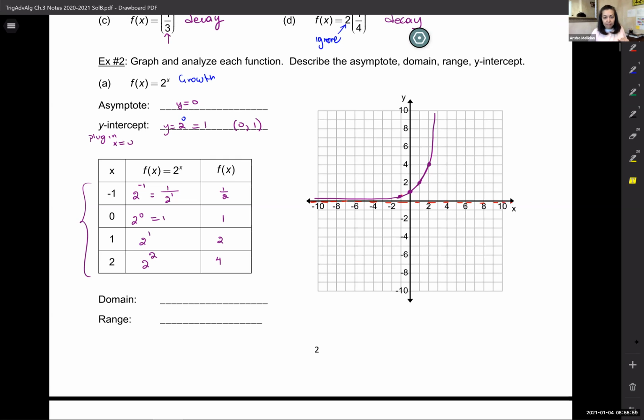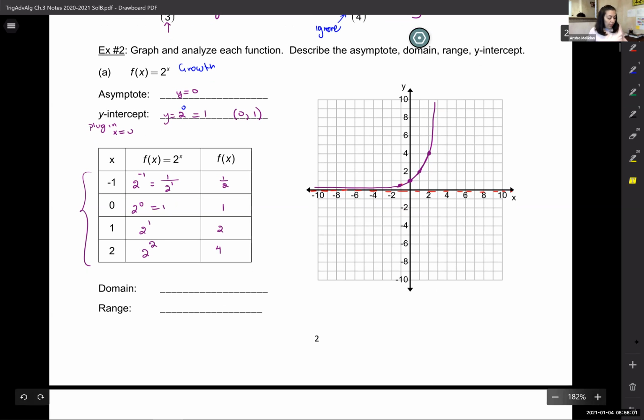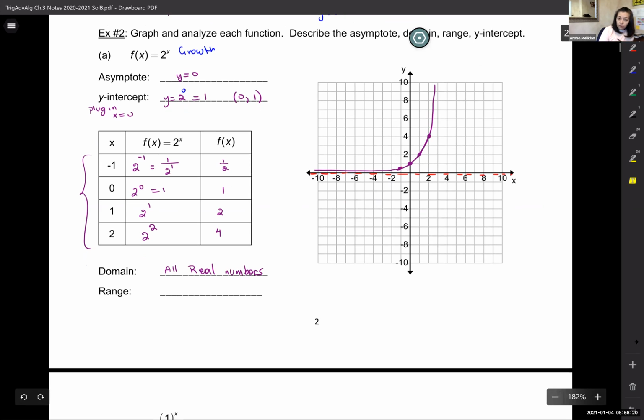Okay? All right. The domain, this is one where you get free points. There is no thinking involved here. The domain for all exponential functions is all real numbers. The range, it's going to be y is greater than or less than the asymptote.